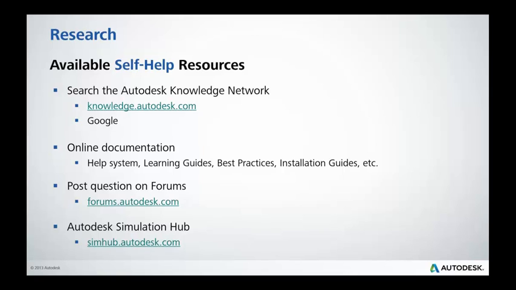You can search either through knowledge.autodesk.com, or if you search through Google, you'll typically find the results from the AKN there. Searching the Knowledge Network searches through blogs, tutorials, online help documents, and anything really found on the Autodesk.com website.